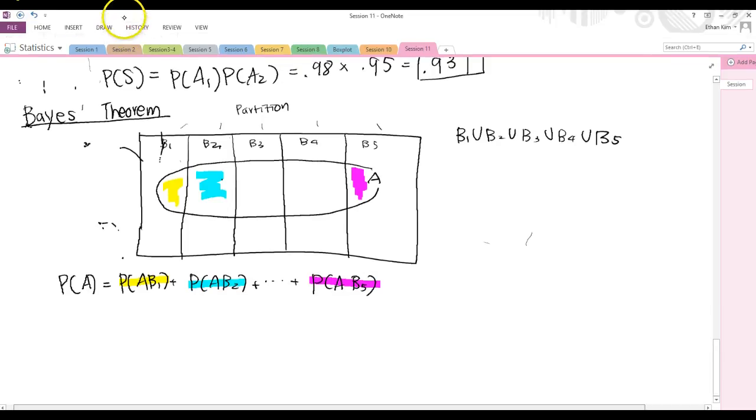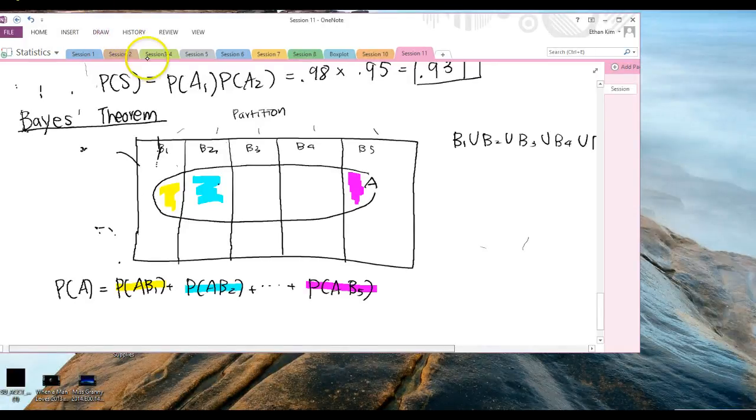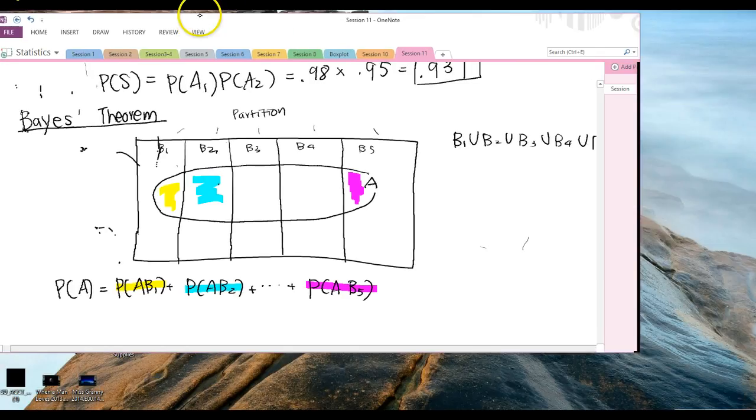And there can be 2 different partitions or 10 different partitions. That's really up to the question or the problem that you're looking at.